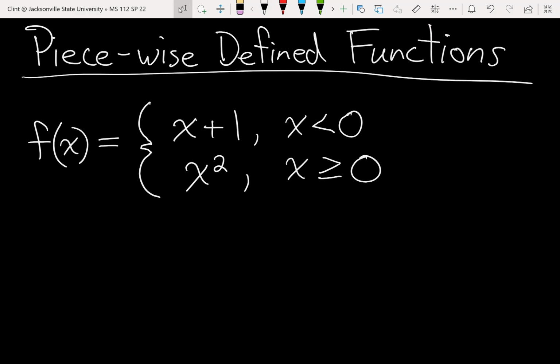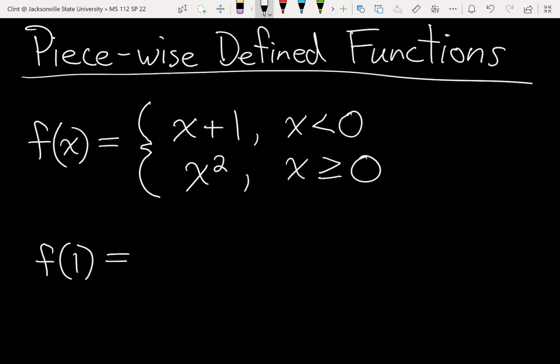So let's find f of 1. Okay. So if we want f of 1, we're going to use 1 as our input. Then should we use the top rule or the bottom rule? The way we think about it is we take 1, our input, and compare it to our conditions down there. So is 1 bigger than 0 or smaller than 0? 1's bigger than 0.